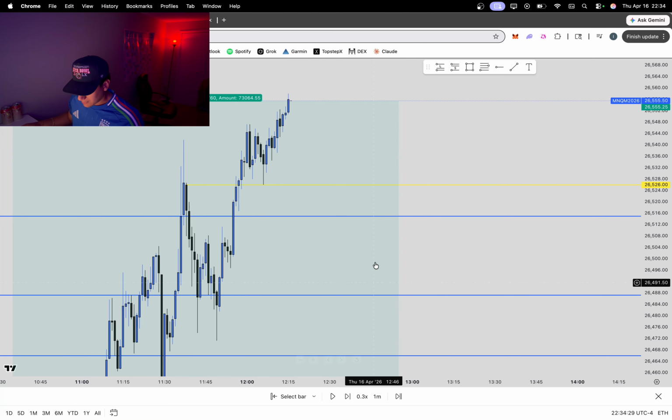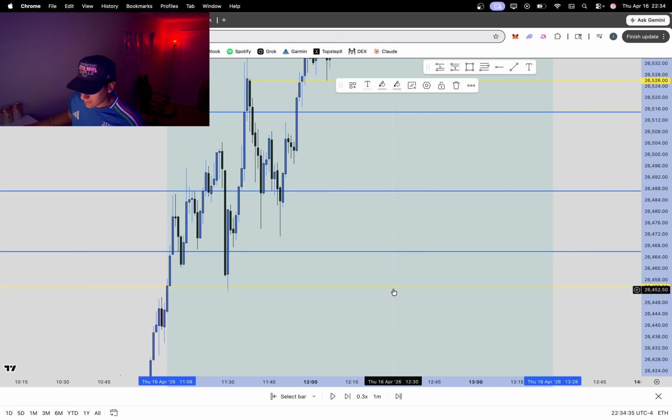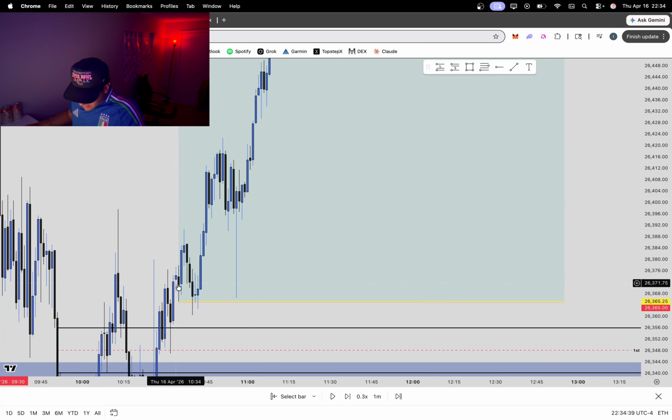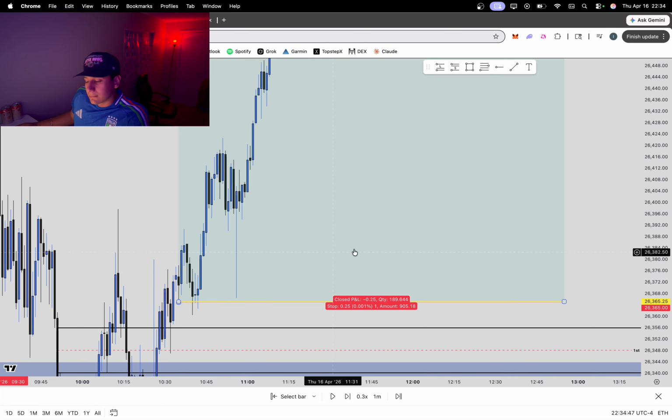So whatever, and then boom, this candle right here, 12:15, I entered at 10:40, 11:40. It's a long ass trade.